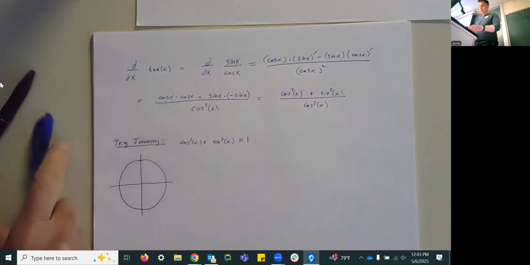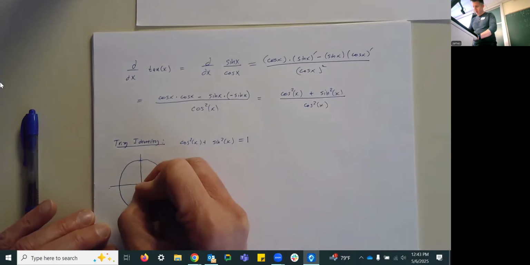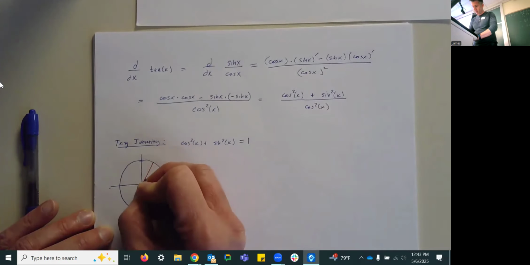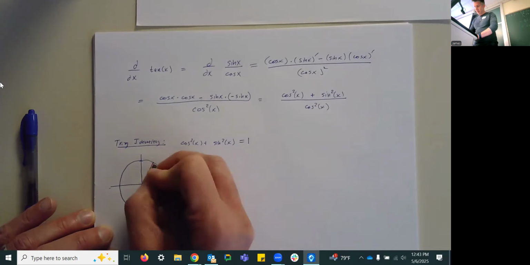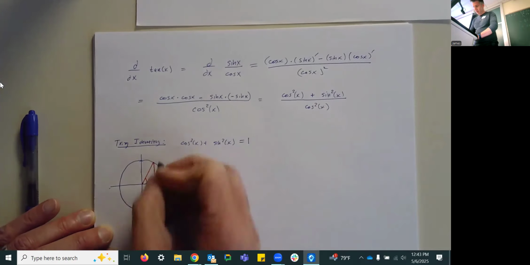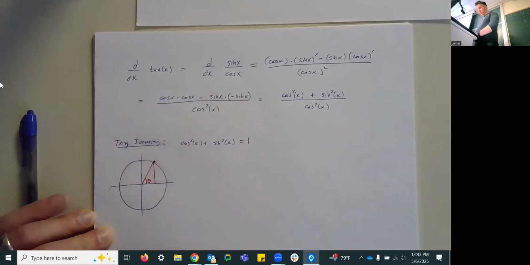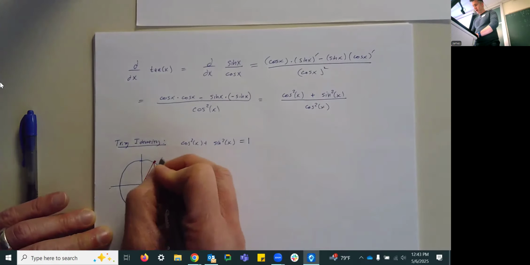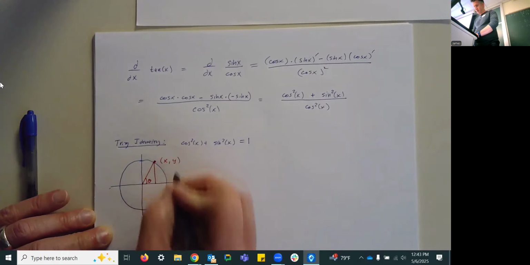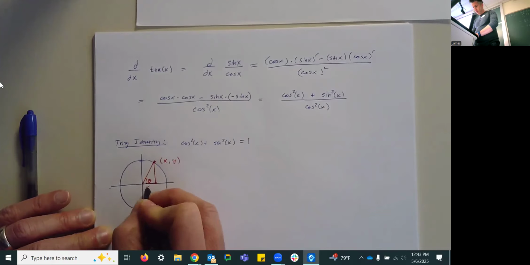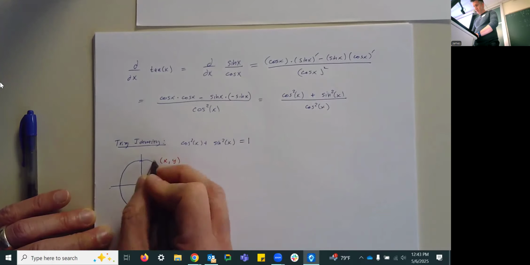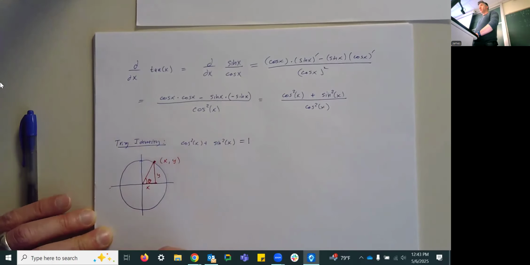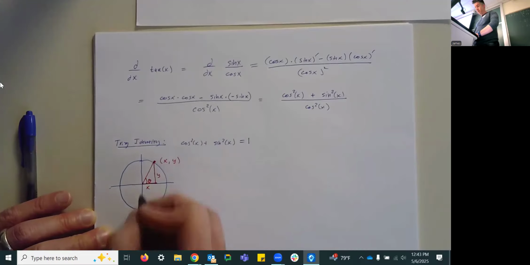If we look at this angle here, say take an angle of theta, I'm going to use theta instead of x. And this point on the circle here, we're going to call it x comma y. And the radius of that circle is, well, it's a unit circle, so the radius is 1.